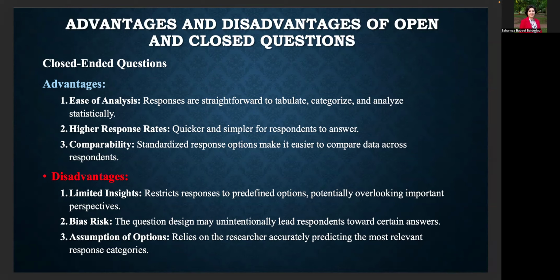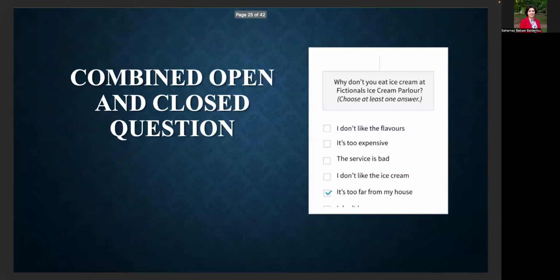However, it is time consuming to analyze the open-ended question responses, and they may reduce the response rate as well, because it is easier for people to select a choice rather than just write a complete answer based on their own ideas and opinions.